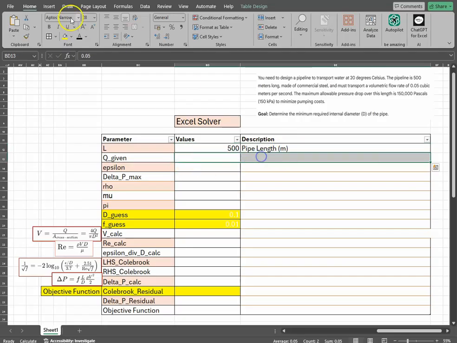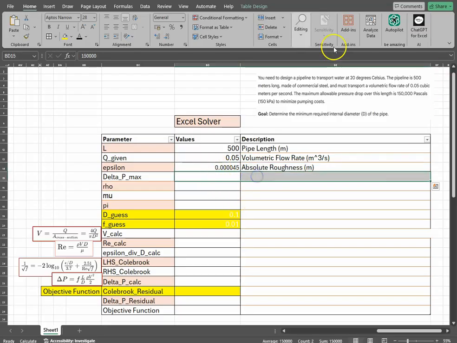Q is given, that is 0.05, the volumetric flow rate in cubic meters per second. Epsilon is also given, the absolute roughness in meters, 0.000045. Delta P max is also given in the problem, that is 150 kilopascals or 150,000 pascals.